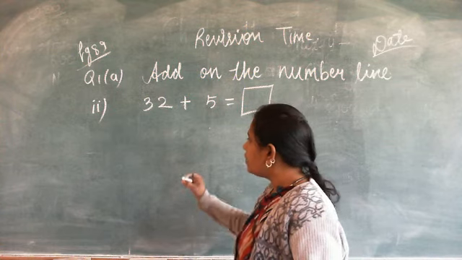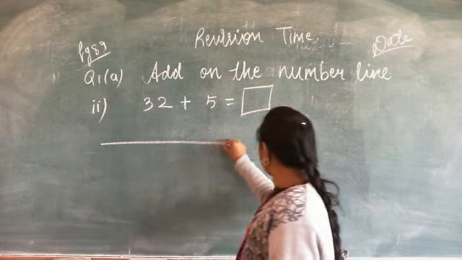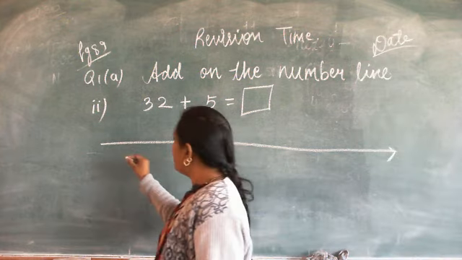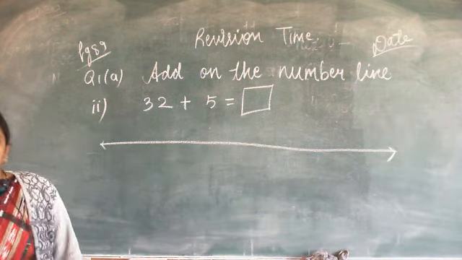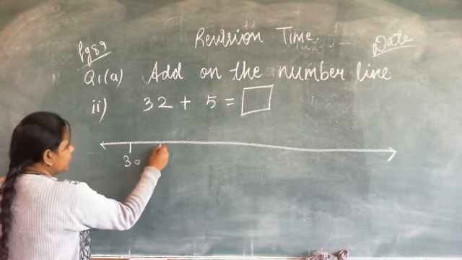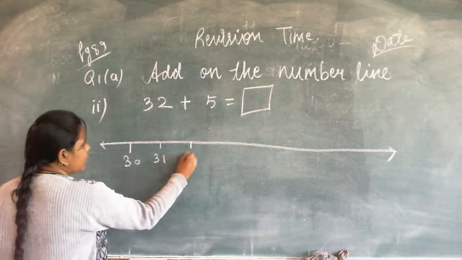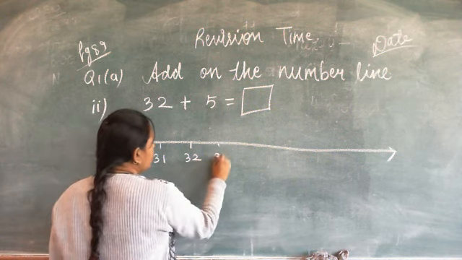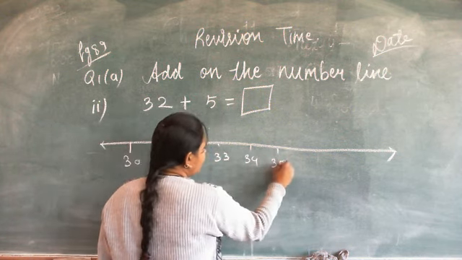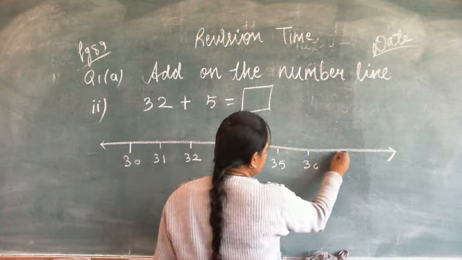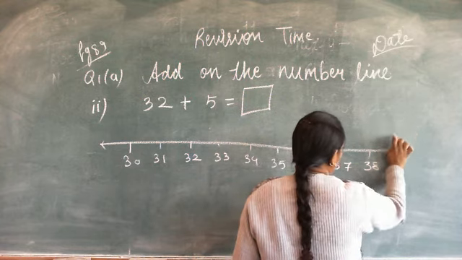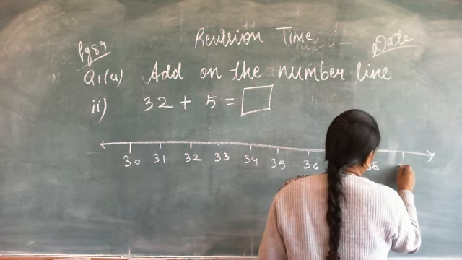So first draw the number line and write the numbers. Write 30, 31, 32, 33, 34, 35, 36, 37, 38 and 39.